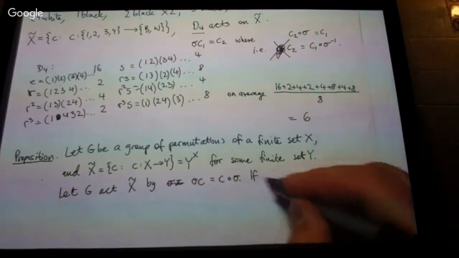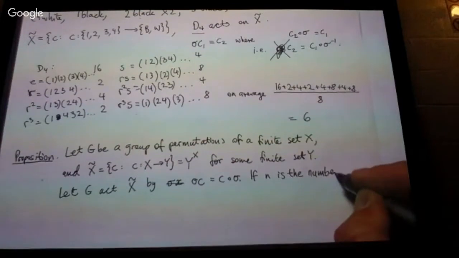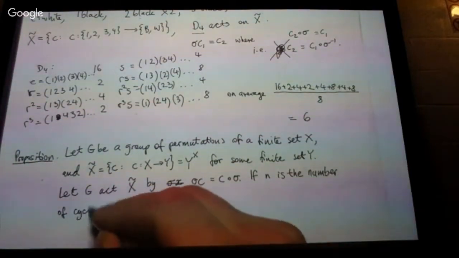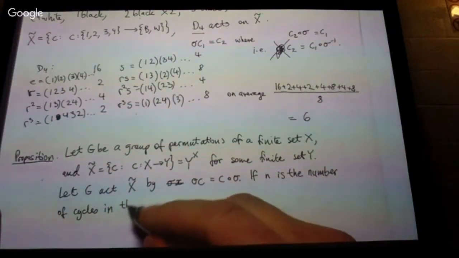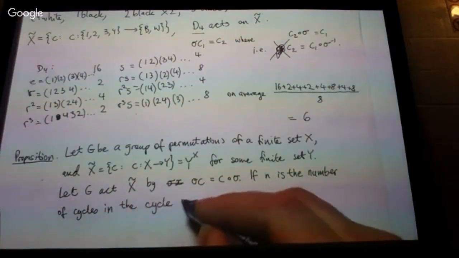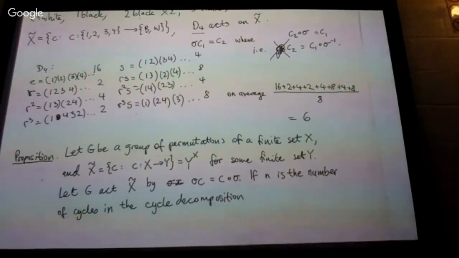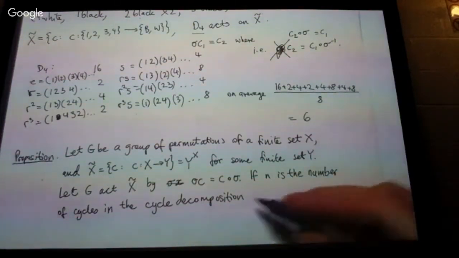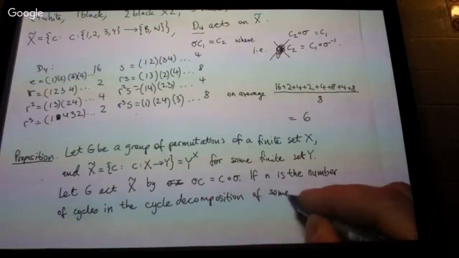So if n is the number of cycles in the cycle decomposition, so the cycle decomposition means it's into disjoint cycles like we have in the example above, the cycle decomposition of some sigma in the group.